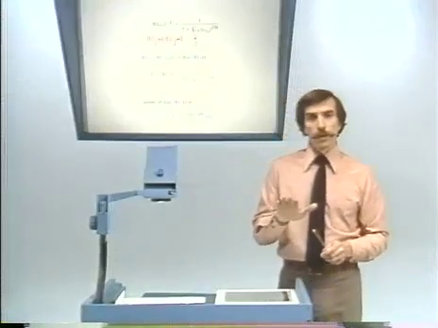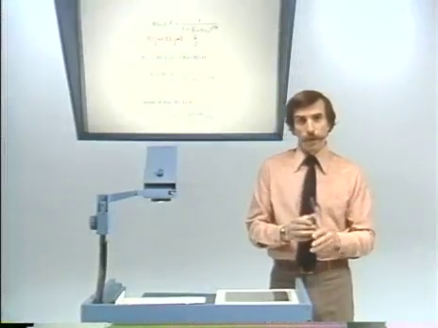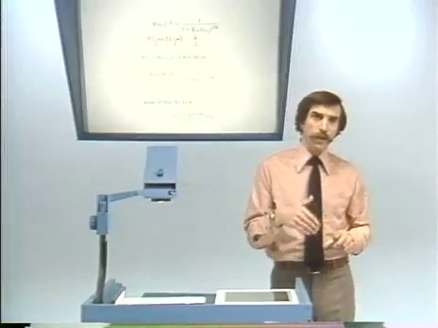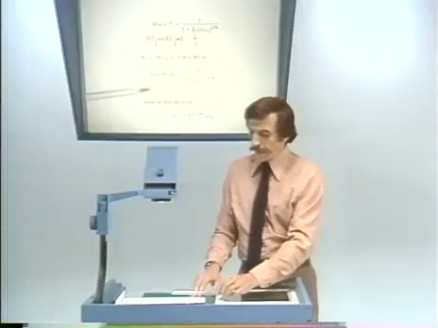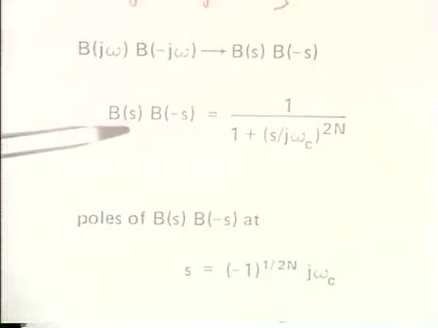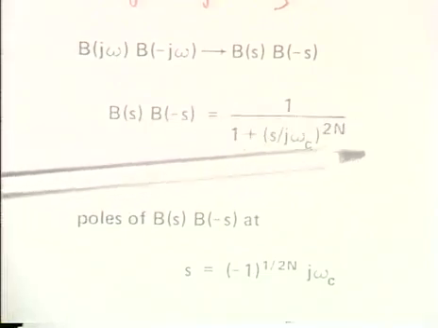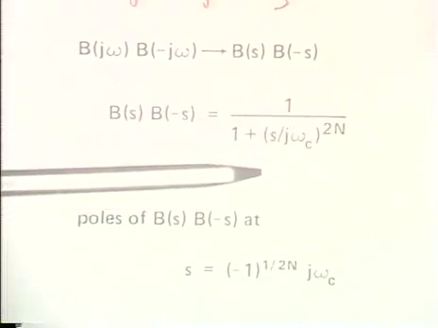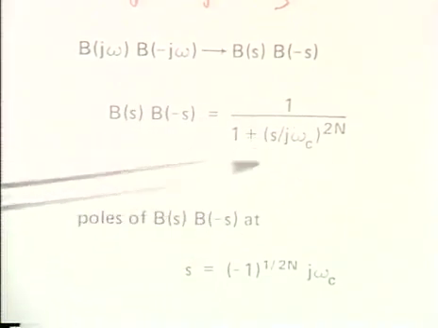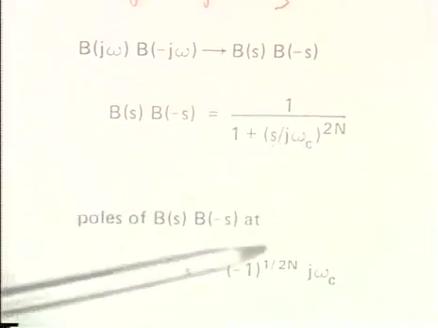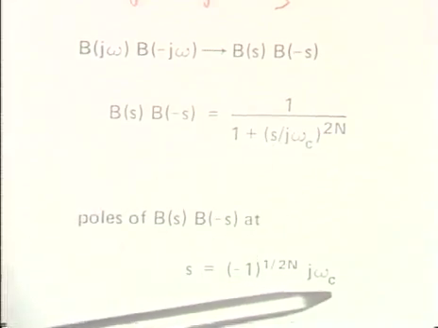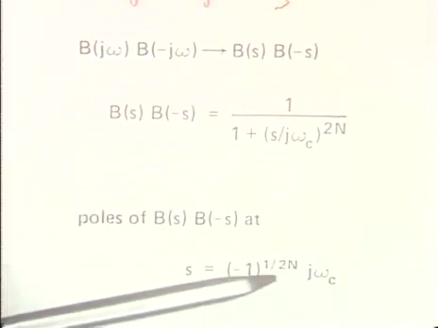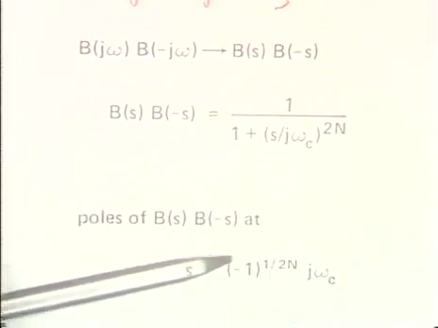Now, what we want to look at are the poles of B of s. That's what we'll want to get as we design a Butterworth filter. We can recognize the poles of this product simply by looking at the roots of the denominator polynomial. Taking account of this factor 2N, those roots are at j omega sub c times the 2N roots of minus 1.